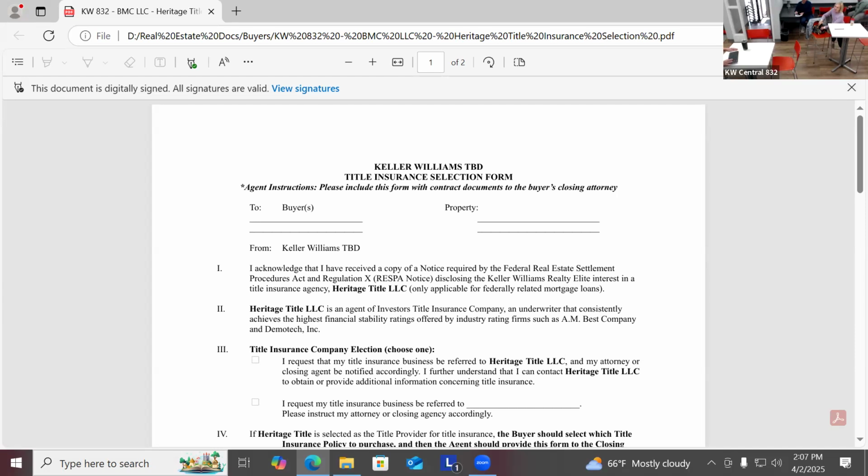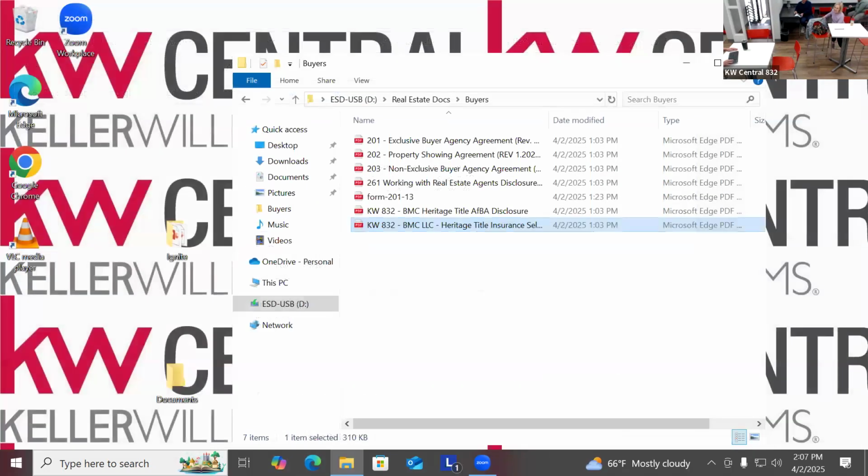Now, next week is the listing agreement and all of the required listing forms, and why those forms are required documents to have in your file. And the following week, this repeats every month.